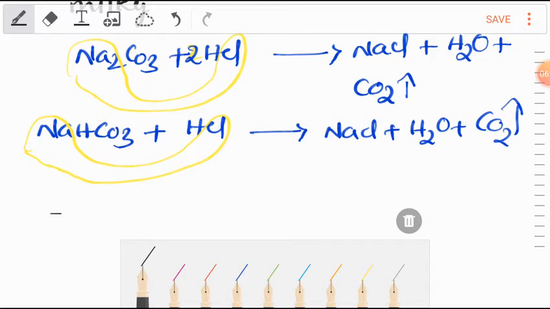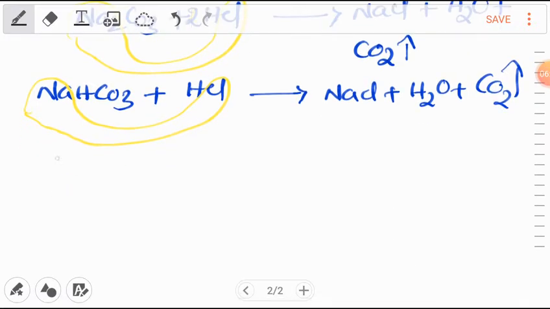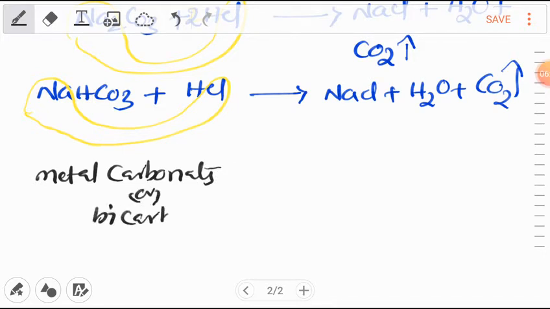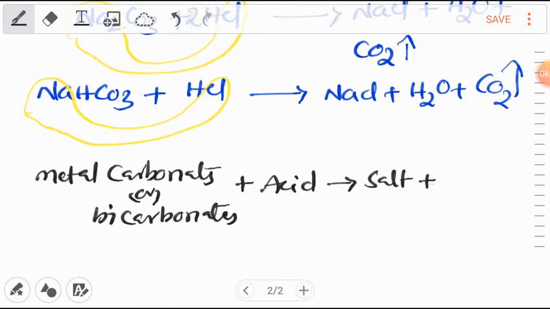See, metal carbonates or bicarbonates react with acids and release what? They produce salt plus water plus CO2 gas.